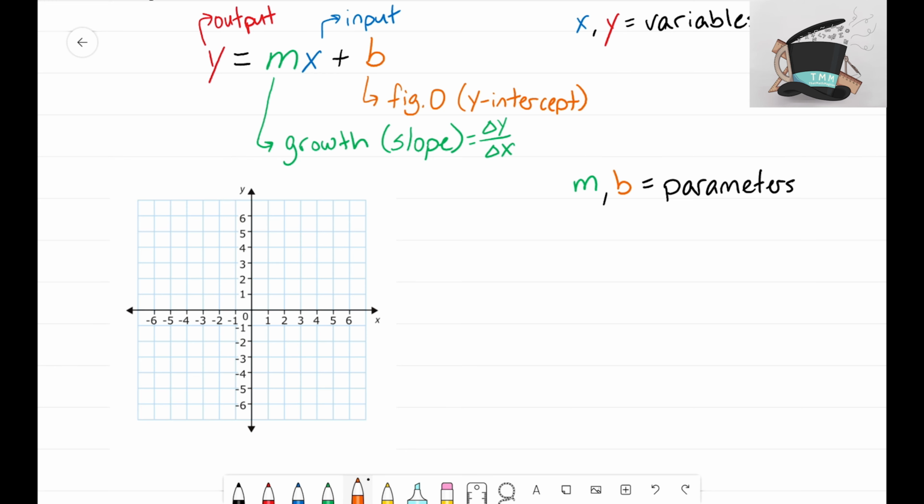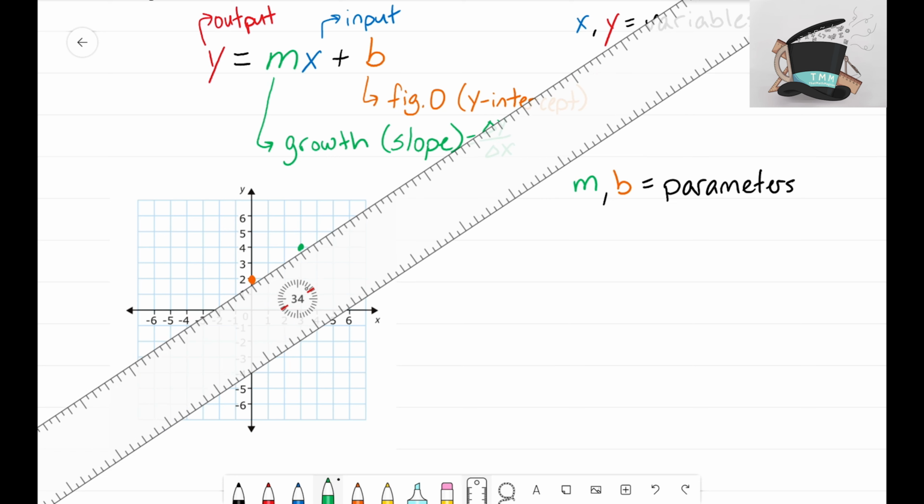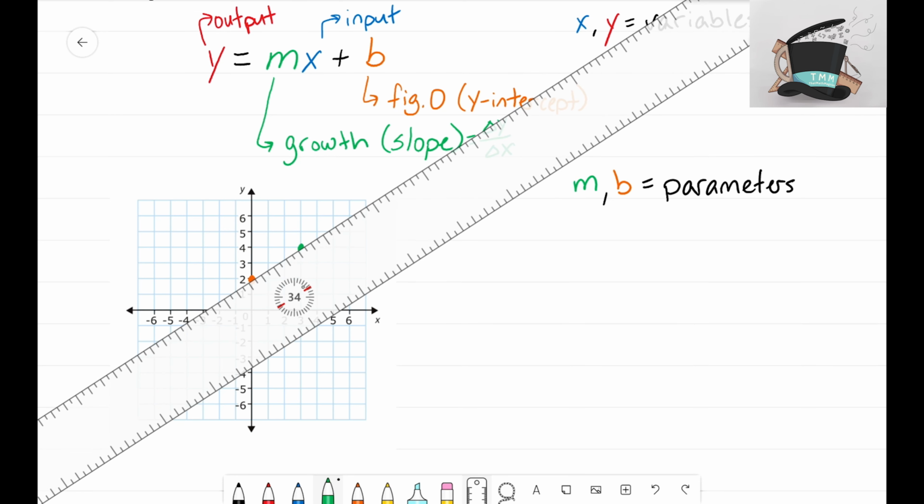So let's say that the graph started here at positive 2, and then let's say that the next point was over here at 3, 4. Let me get my ruler so we can draw this line. And then we want to see, can we find the equation for this line?